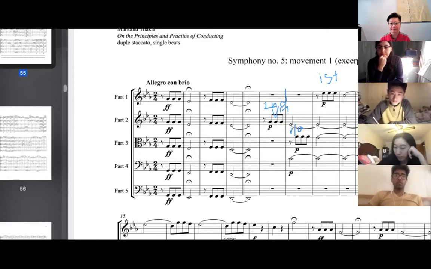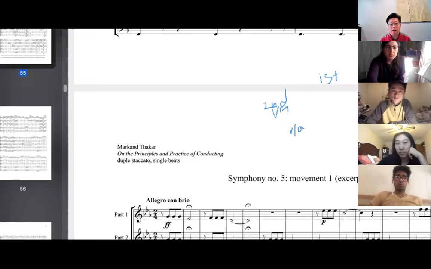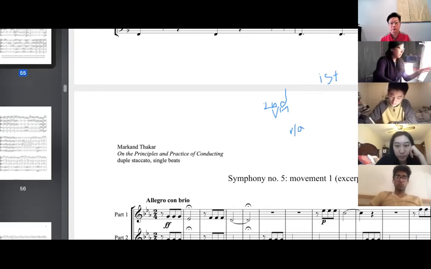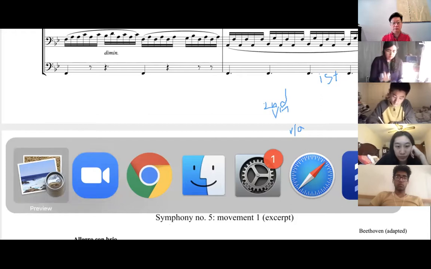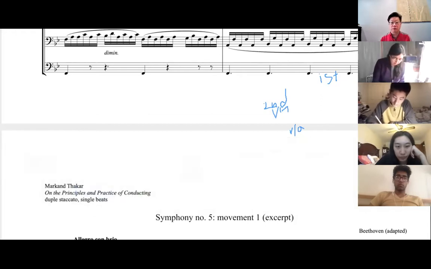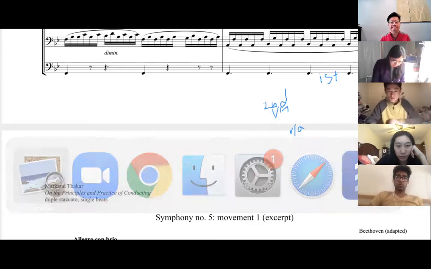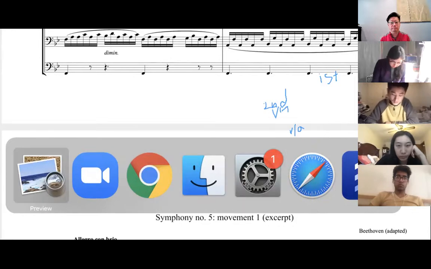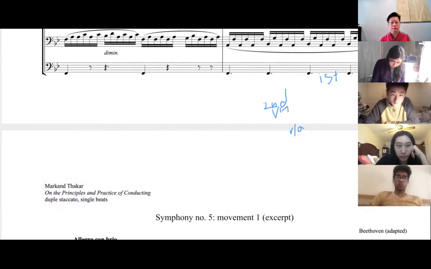Great, awesome. Okay, I'm gonna jump to another place. Hang on, where's my annotate tool? Where'd it go? There we go.